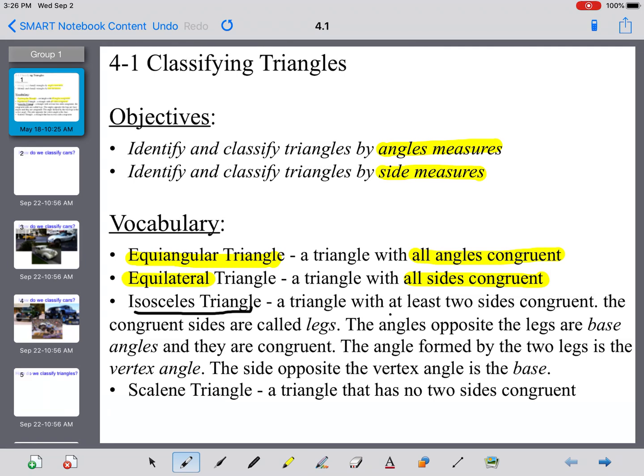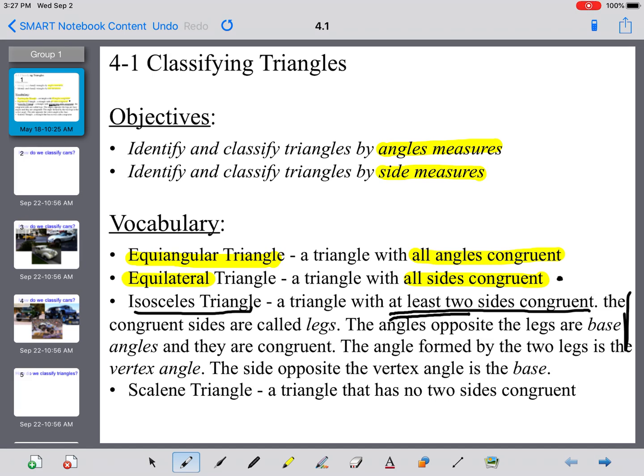We also are going to be looking at the isosceles triangle. And I draw your attention to this piece right here because I think it's so important. It says at least two sides congruent. But we often miss that at least two, which means it could be all three are congruent, and it's still called an isosceles triangle.